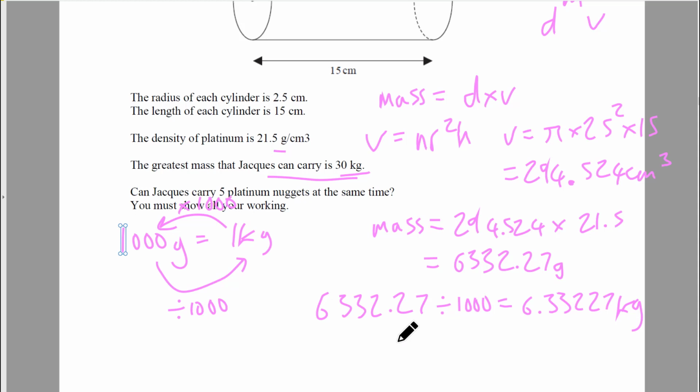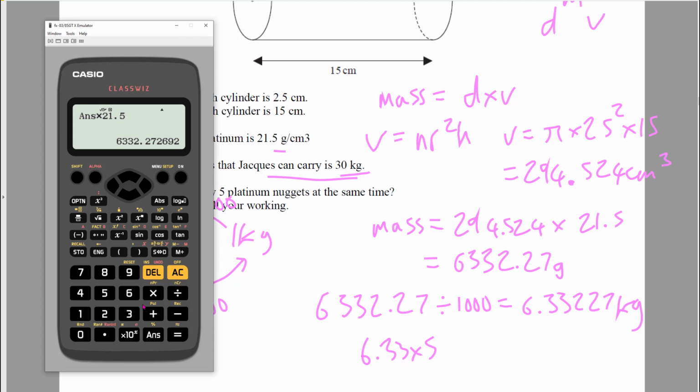Now he has to carry 5, so we can just do 6.33 times 5 now, which we know is greater than 30. Oh, forgot to divide by 1000 there from before. So that's 31.66.